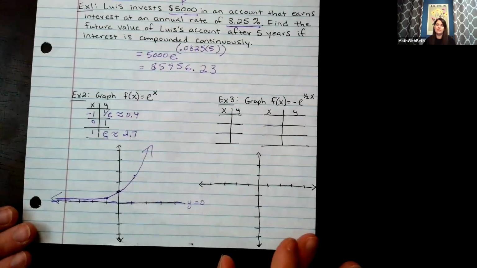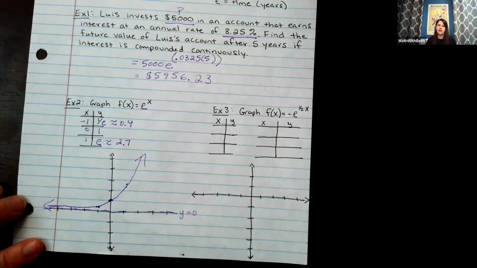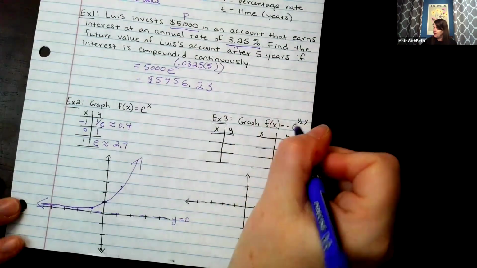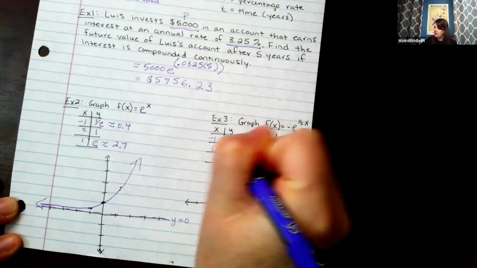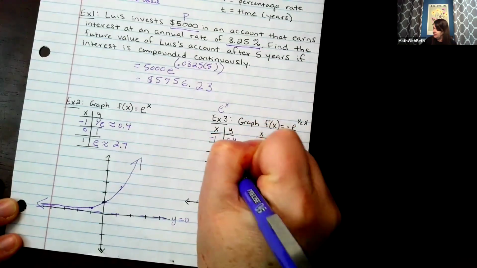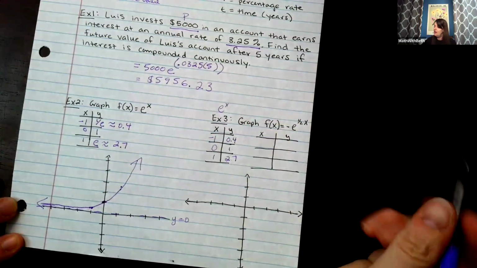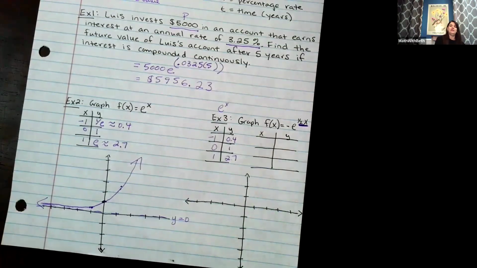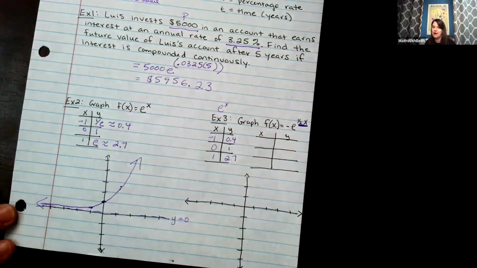So now let's see what happens when we start manipulating and changing a few things, maybe flipping, maybe stretching, stuff like that. So in this case, our parent graph would be e to the x. So we could do the same thing we just did to get our starting values. But now anything that happens in this exponent with the x is going to affect the x's, but we always do the opposite.